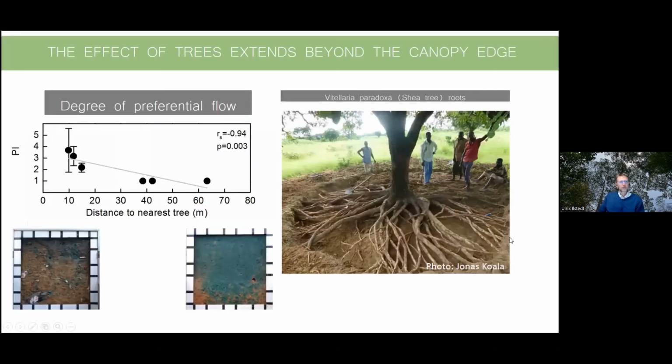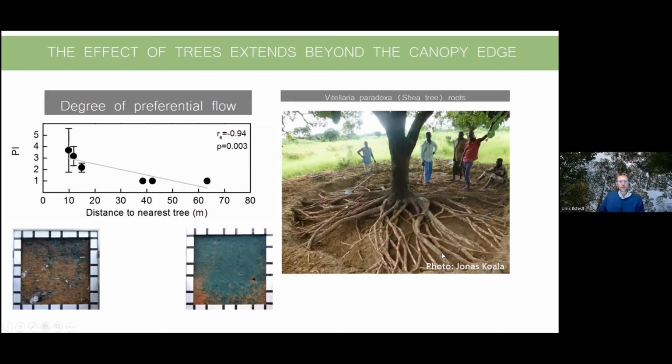And what we saw, where again we have sorted the measurements according to the distance to the nearest tree, is that we have what is called preferential flow when we are close to trees. This means that water is moving in cracks or channels, large pores in the soil, rather than uniformly through the soil, when we are close to trees rather than further away from trees.